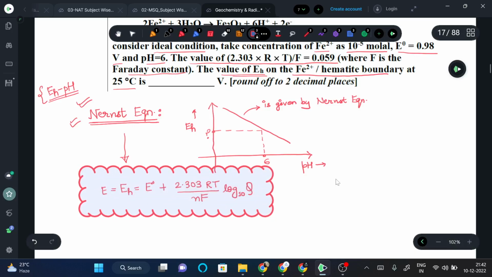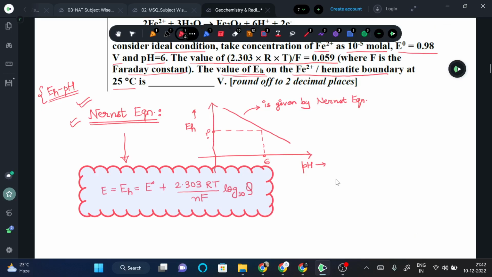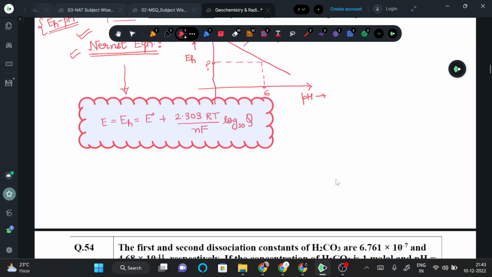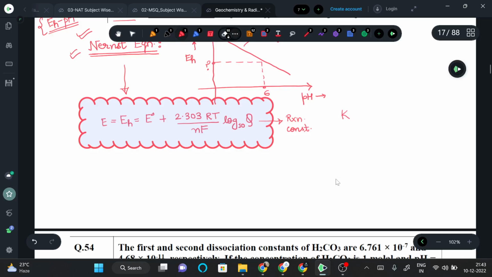Here, what is Q? Can anyone tell me? Equilibrium constant? No, Q is actually the reaction quotient. Equilibrium constant is K. Q is the reaction quotient, K is the equilibrium constant, so don't get confused here. We have taken log, not ln, because 2.303 is already written over here.